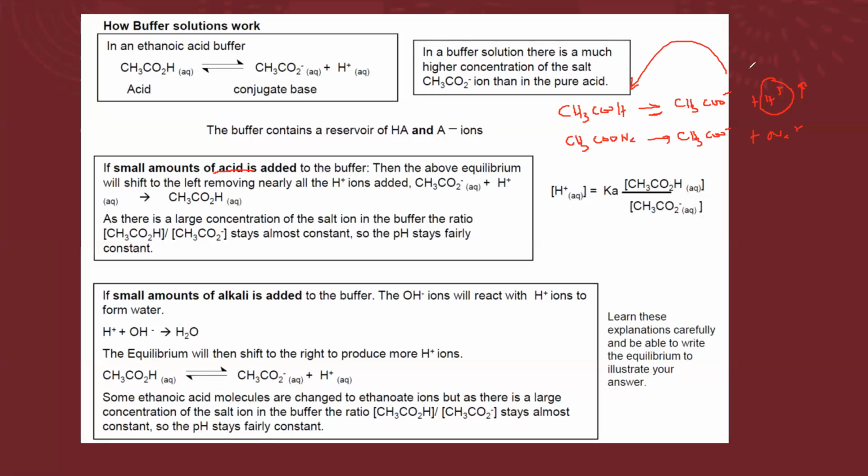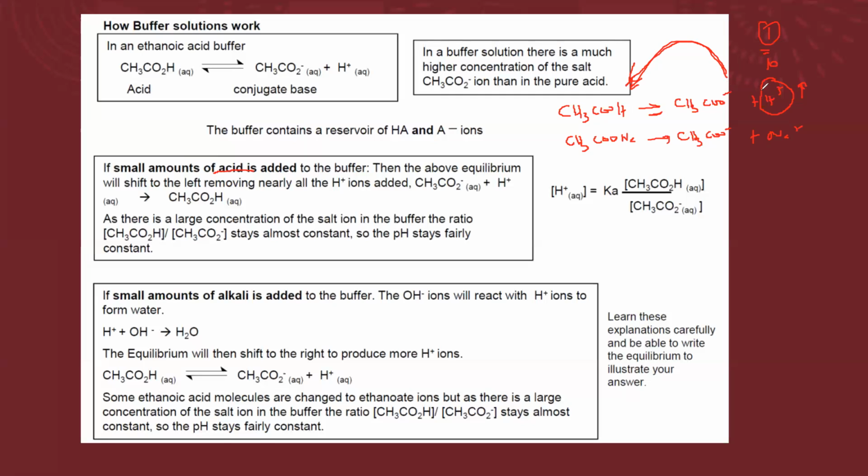Like originally, if I have 10 hydrogen ions and I add one more, because it is already in equilibrium, that one more hydrogen ion will react with acetate ion and form ethanoic acid, because we have a reservoir, an excess of acetate ion. So hydrogen ion can react and form the molecule.